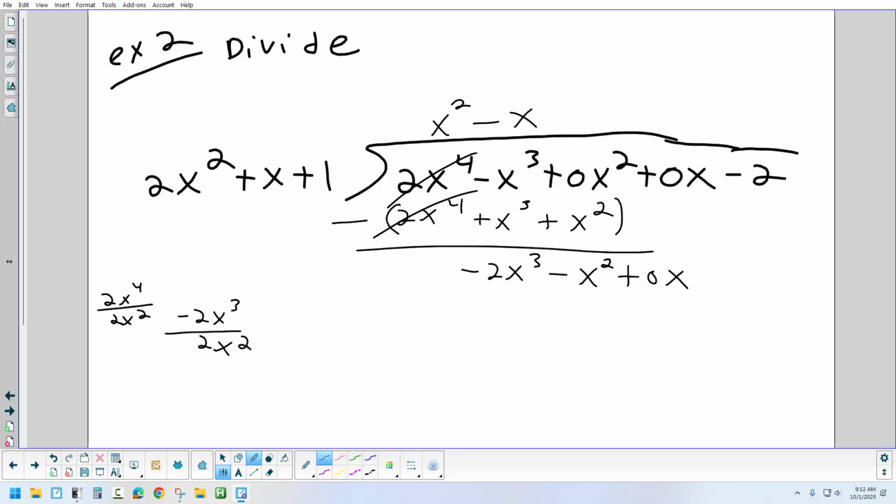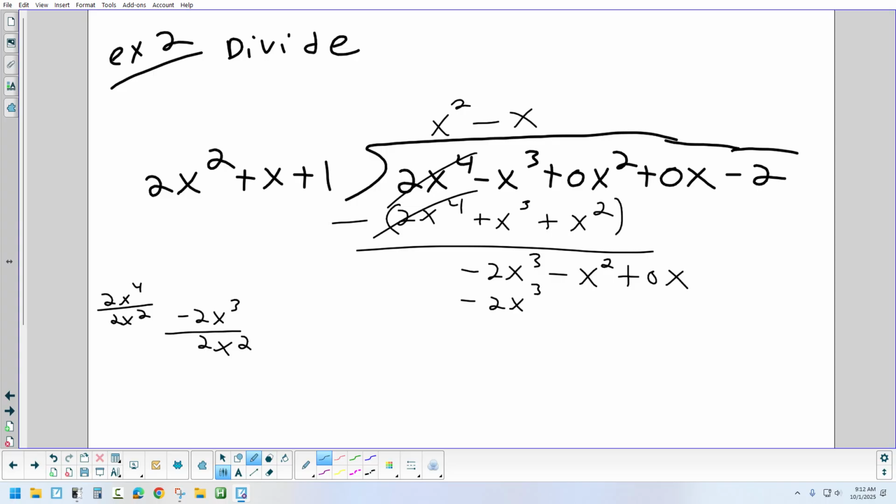Negative 2x to the third. Yep, negative 2x to the third.